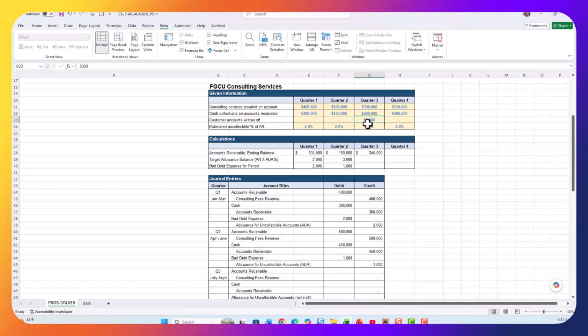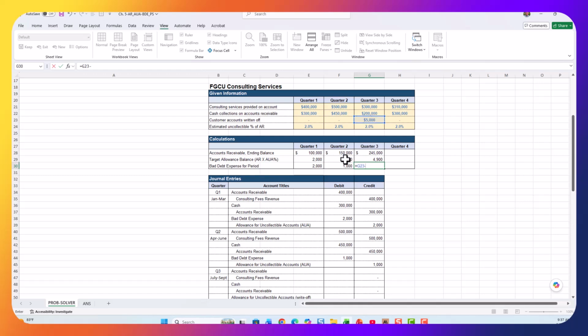The target balance for AUA will then be the $245,000 ending balance for accounts receivable times the 2% AUA estimated percentage, or $4,900. To get our bad debt expense for the period, we need to take the Q2 balance in the AUA account of $3,000.